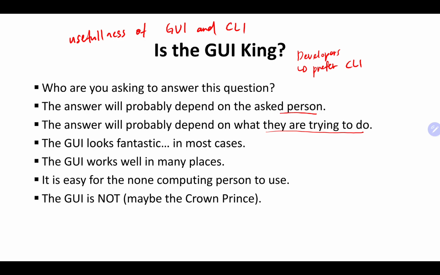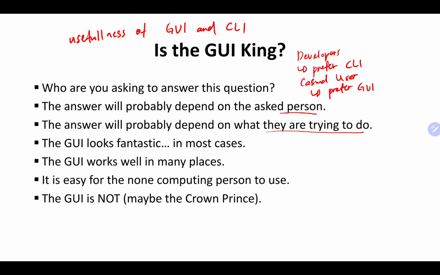So for them, it is preferable to use CLI. But let's say for a casual user just like us, we just want to use it in our daily life. For us, we prefer GUI, because it is actually more user friendly to us.